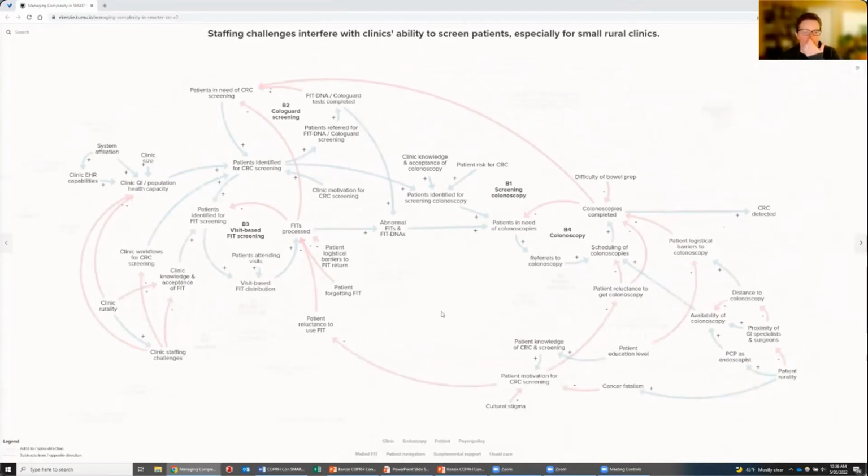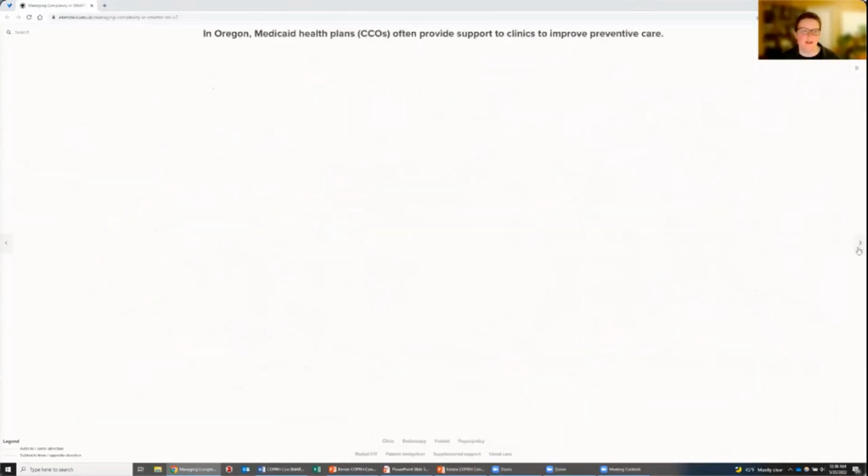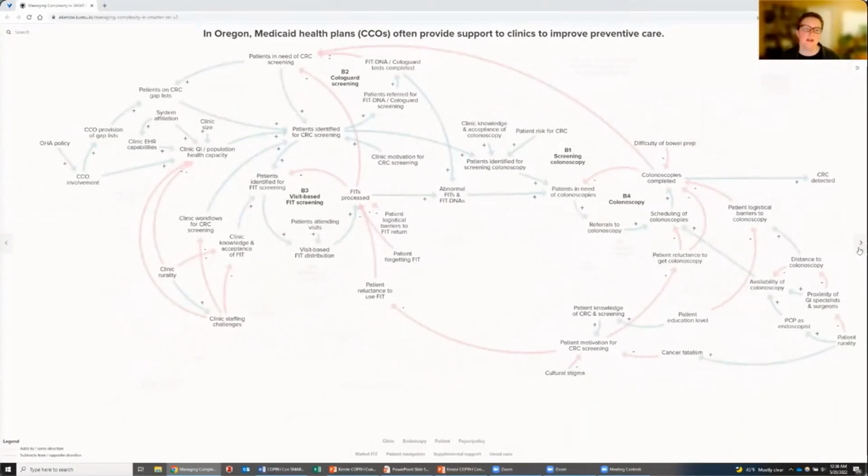And staffing challenges, particularly during COVID, interfere with clinics' ability to screen patients for a variety of reasons. And then in Oregon, Medicaid health plans, which are coordinated care organizations or CCOs, often provide support to clinics to provide preventative care.